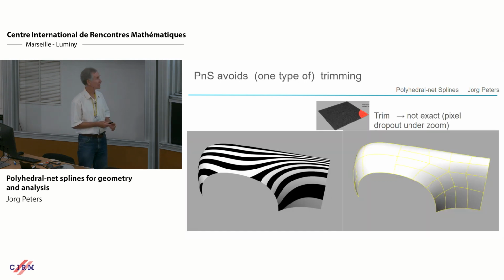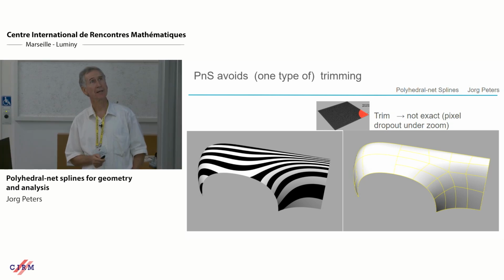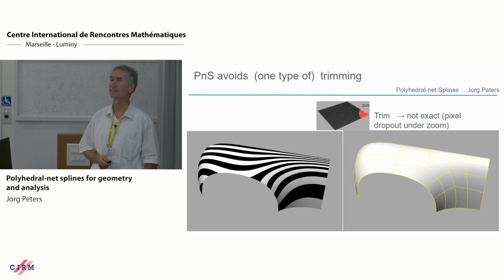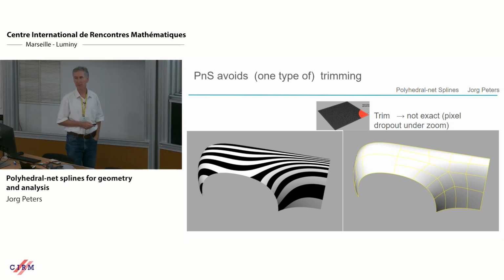Now, why is this maybe useful for people in industry? The typical technique when you have something 5-sided like here is to take a rectangular patch and chop off one of its corners. In fact, in Rhino and similar tools, you do that in 3-space. So you actually have to come up with either a curve on the surface, or you have to find a second surface to intersect the two to actually cut that piece off.